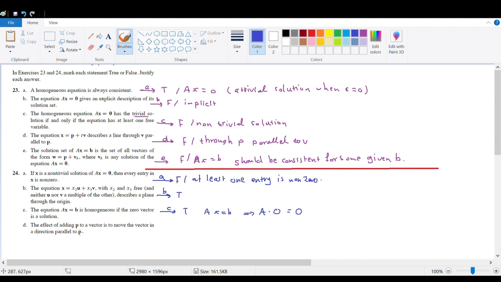Now, the effect of adding p to a vector is to move the vector in a direction parallel to p. So if we have a vector and we add p to it, does that mean we move the vector in a direction parallel to p?